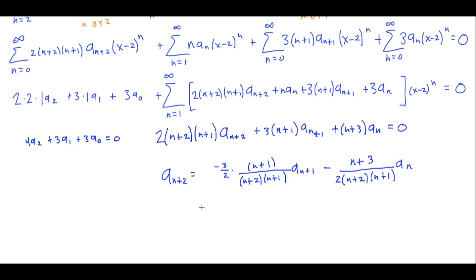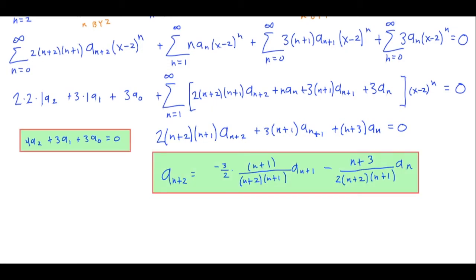So I have a recursive formula that will allow me to compute the next coefficient based on the previous coefficient and the coefficient 2 prior to the one that I'm interested in. And of course there are these expressions here that modify those previous coefficients and come together to determine what the next coefficient will be.